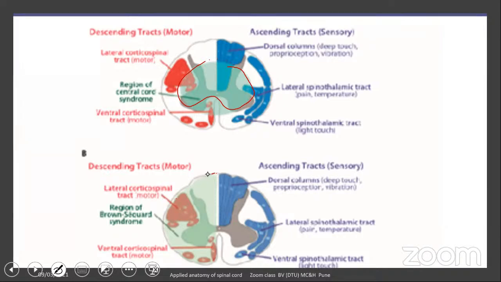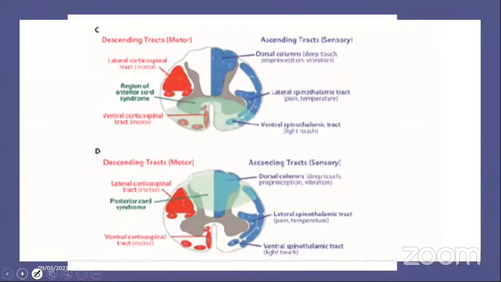These are the most common things which you see in the spinal cord disorders, which we'll discuss at greater length later on. And this is what I'm talking about, anterior spinal artery syndrome. This is the posterior spinal artery syndrome, where these tracts are affected.